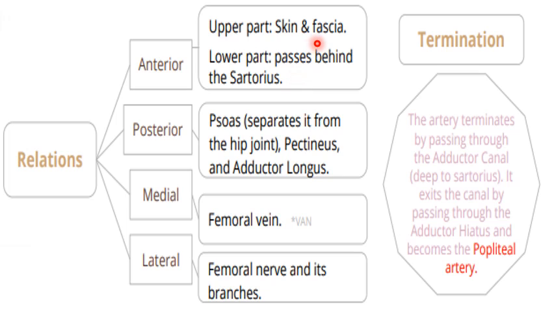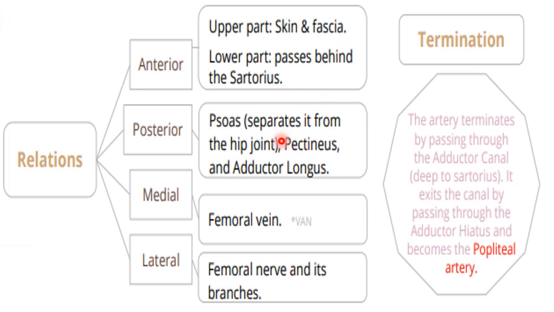Just above the adductor canal at the apex of the femoral triangle, it is related to the medial femoral cutaneous nerve, and still more towards the base of the femoral triangle, the femoral branch of the genitofemoral nerve is also related anteriorly.